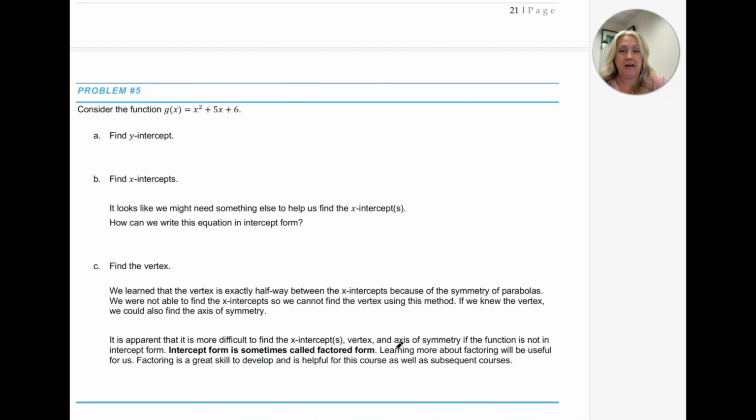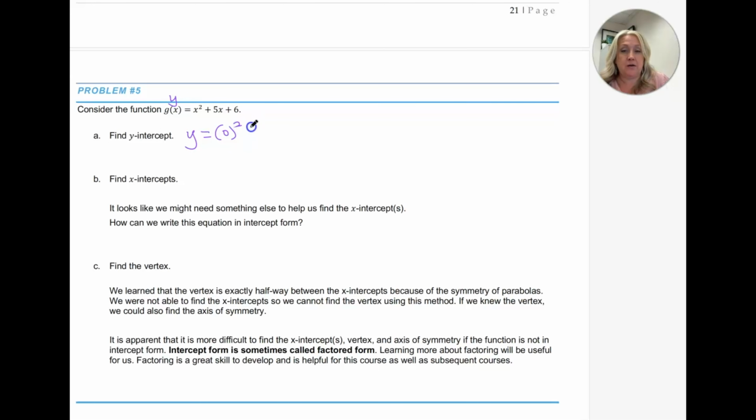On problem 5, we've got this function, g of x equals x squared plus 5x plus 6. Let's first find our y-intercept. Remember, when we're finding our y-intercept, we let x be 0 and solve for y. So I'm going to have y, which is the same as g of x, equals, and in place of my x's, I'm going to put 0.